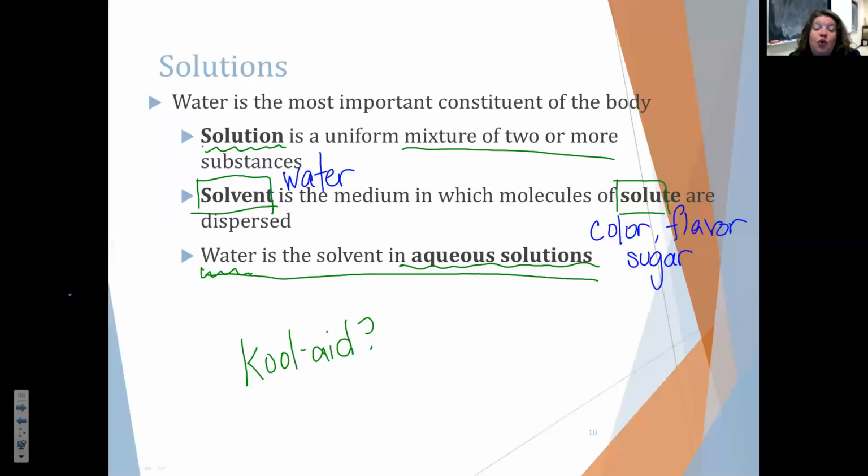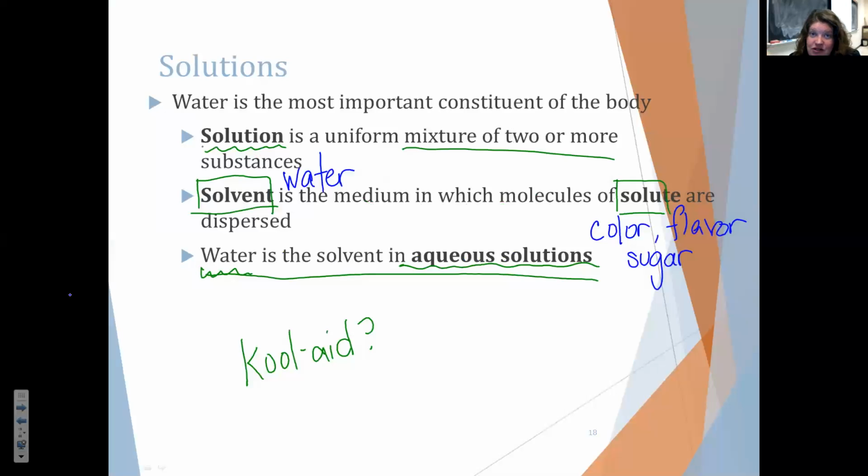Now there's a number of organic solvents. If you've ever bought the product Goo Gone to try to get sticky stuff off, Goo Gone is an organic solvent and has a lot of petroleum distillates so that it does not have a lot of polar covalent bonds. And so it can try to dissolve adhesives and things that are really sticky.